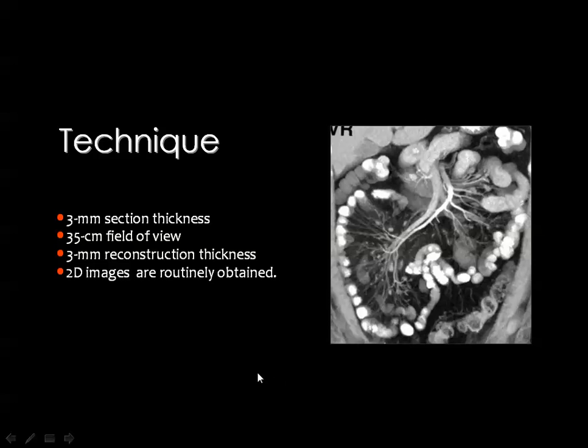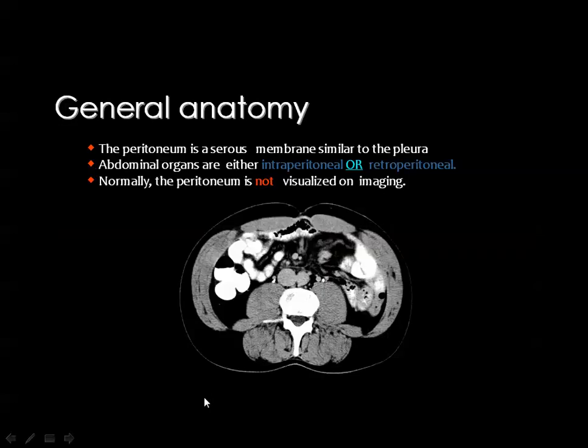Of course, in many situations you need to inject intravenous contrast media in order to have full anatomic details of the vascular anatomy and pathology in this area, which is very important for the diagnosis, as you will see.